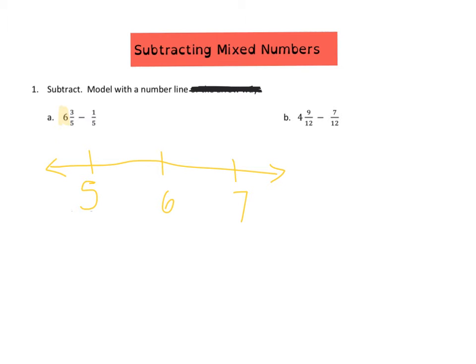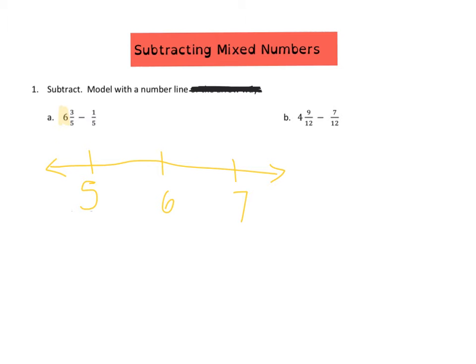So what I'm going to do next is look at this hole between 6 and 7, because that's the number I'm looking at. 6 3/5 means it's bigger than 6, but it's smaller than 7. So I need to split that into 5 pieces because the denominator of my fraction is fifths.